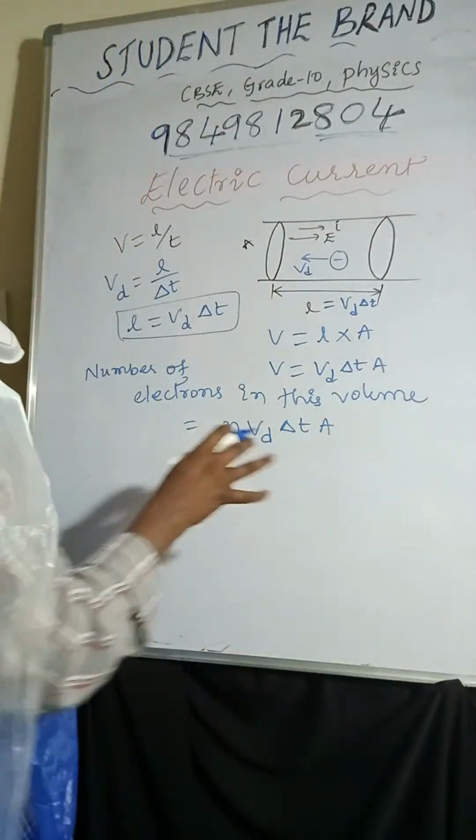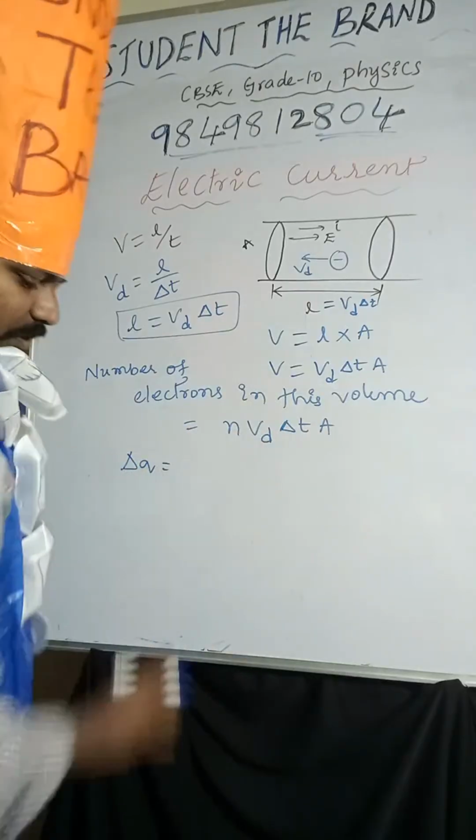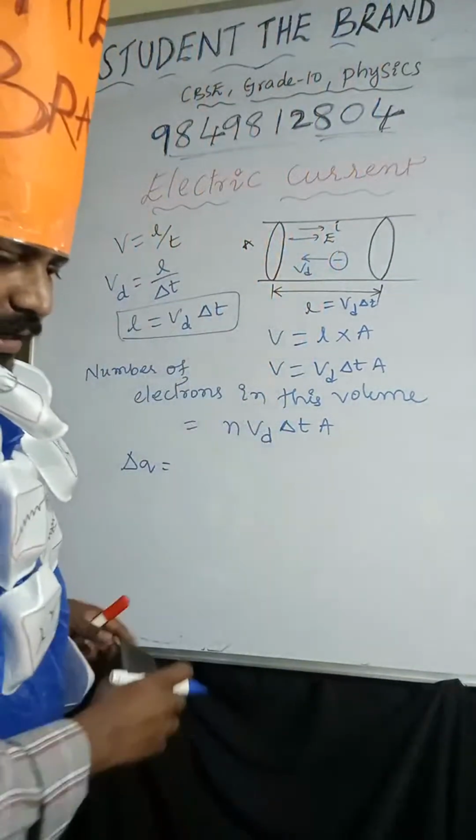Now we know delta Q equal to, what is the formula?